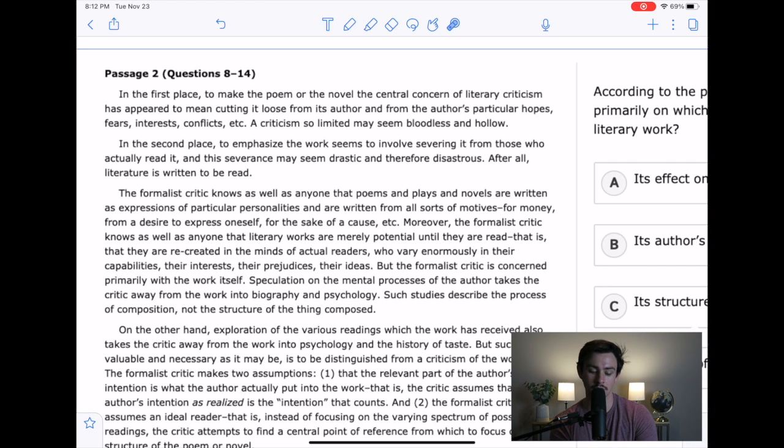And she goes on to say that a criticism so limited may seem bloodless and hollow. So it may seem bloodless and hollow to remove the author completely from the equation.